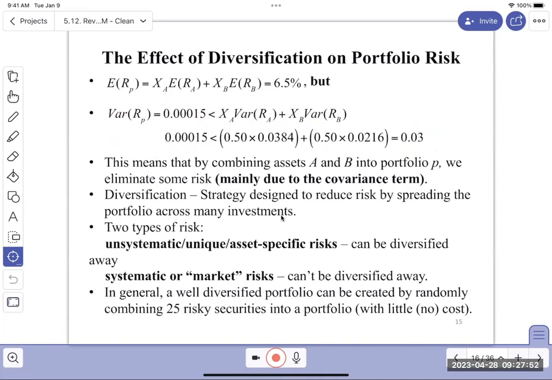Less volatile. So combining assets A and B into a portfolio P, we eliminate some risk. Not all the risk in this case. There is a little bit, the 1.22 in standard deviation, or this amount in the variance. And this is the result of the covariance term being negative. This is known as diversification, which is a strategy designed to reduce the risk by spreading the portfolio across many investments.